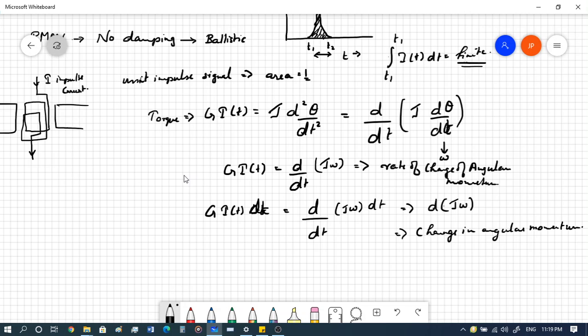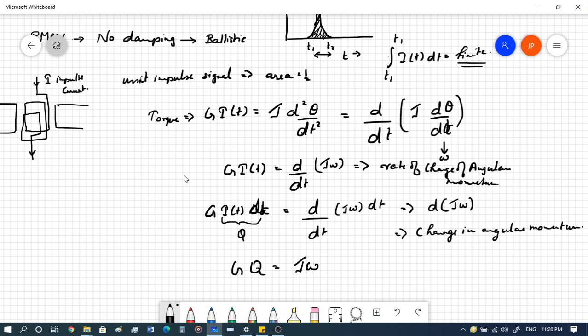So here G into I of t into dt, this quantity is our charge. So G into Q can be written as J omega, because that is the complete charge that flows, and omega is the angular velocity immediately after the impulse current flows.